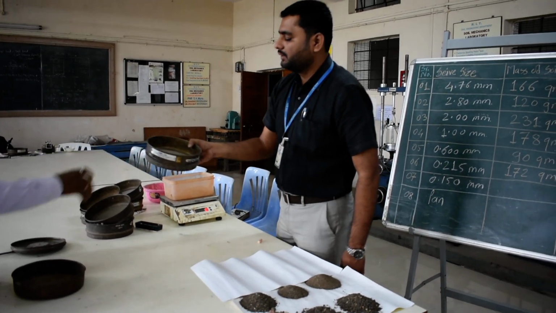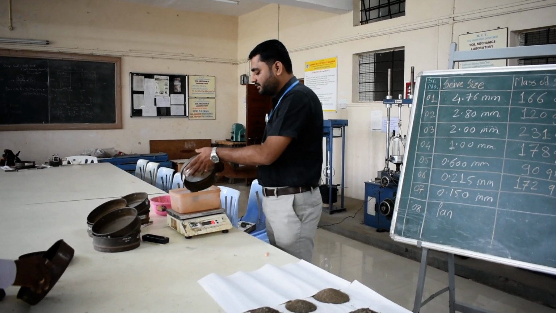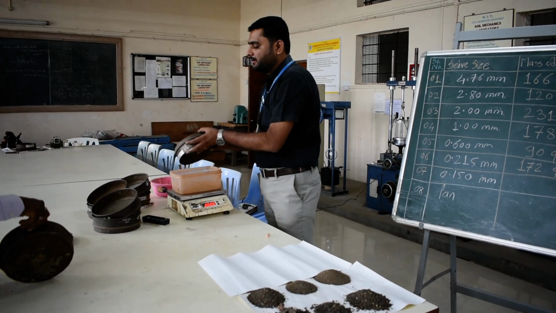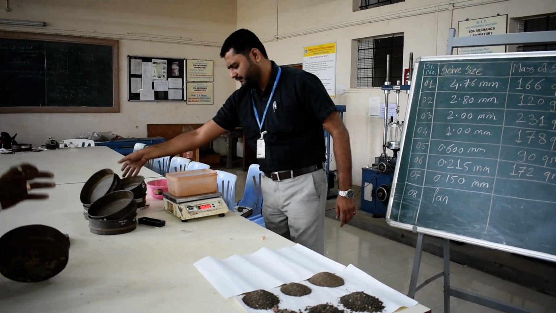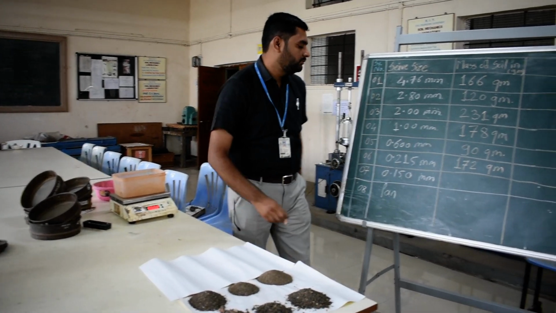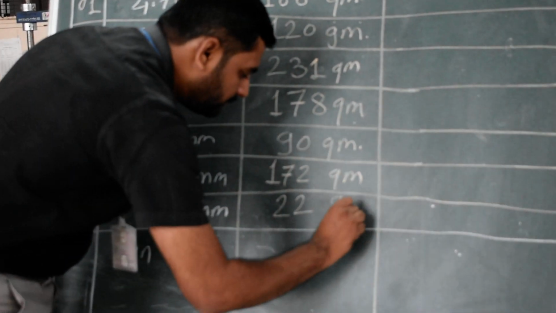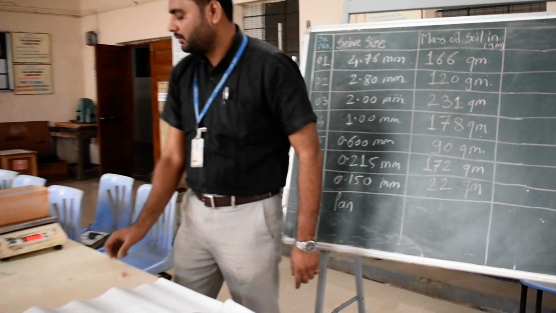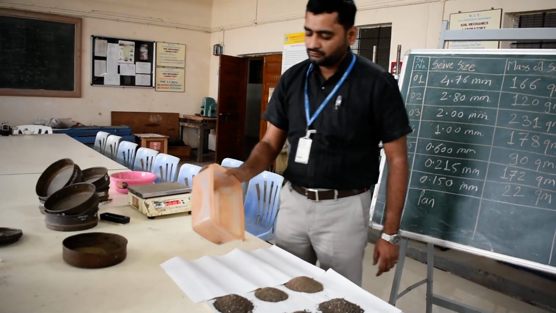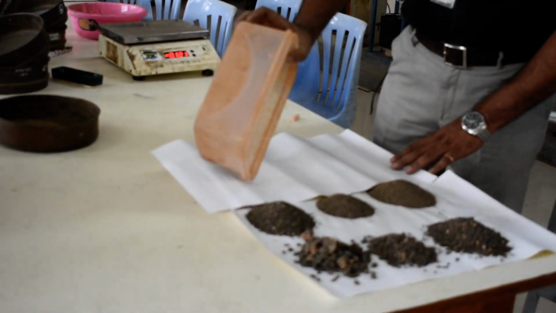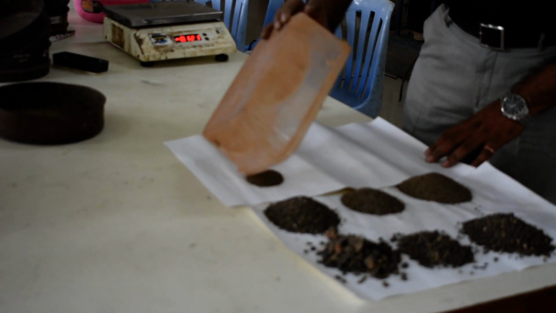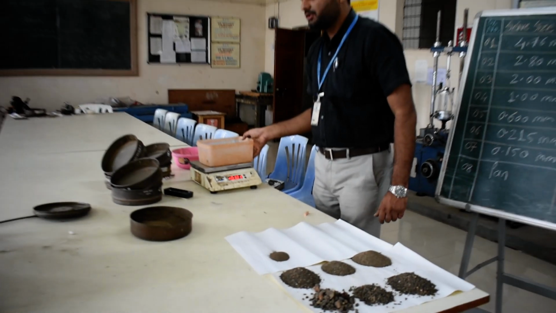This is the 150 micron sieve. On 150 micron it is 22 grams. And on the last there is a pan.